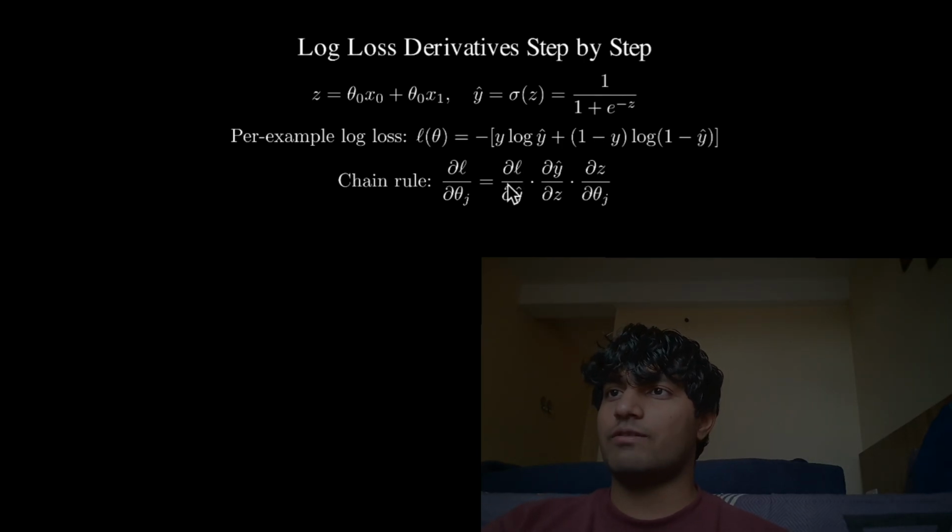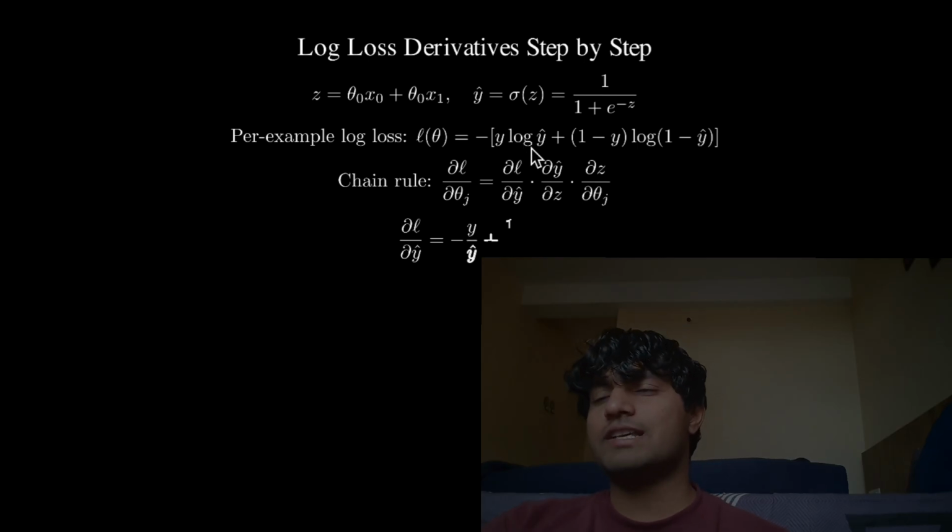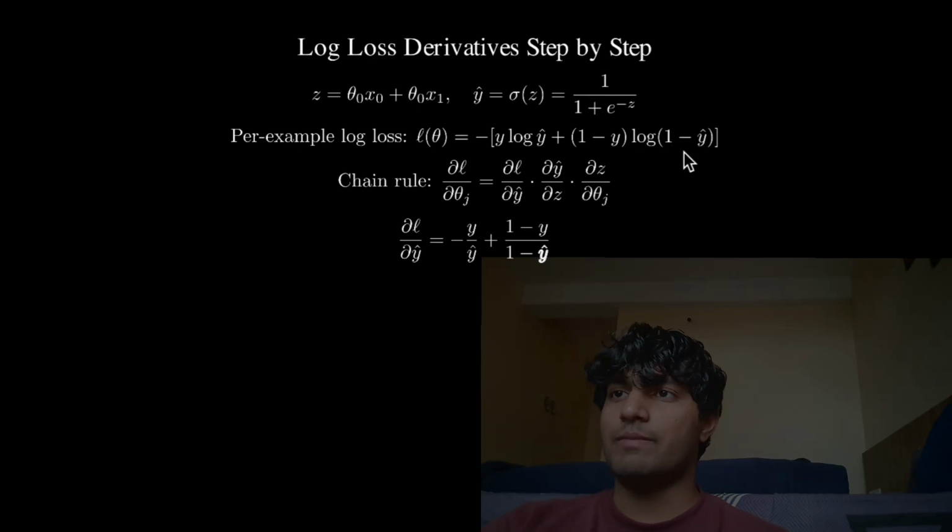Find the derivative of the loss function with respect to y hat. The derivative of log y is 1 upon y, so you get minus y upon y hat, and this minus gets multiplied over here. For the 1 minus y hat part, the log becomes 1 upon 1 minus y hat by the chain rule, and the plus sign comes. So this is the y hat part.